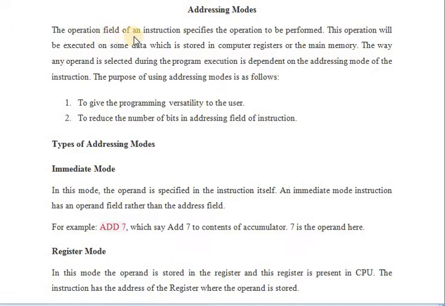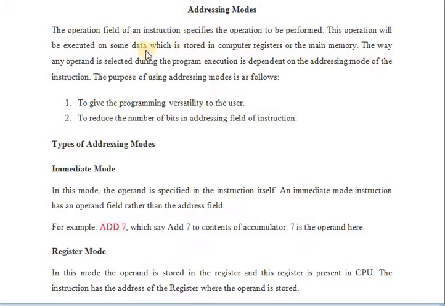The operation field of an instruction specifies the operation to be performed, whether addition, subtraction, increment, decrement, and so on.